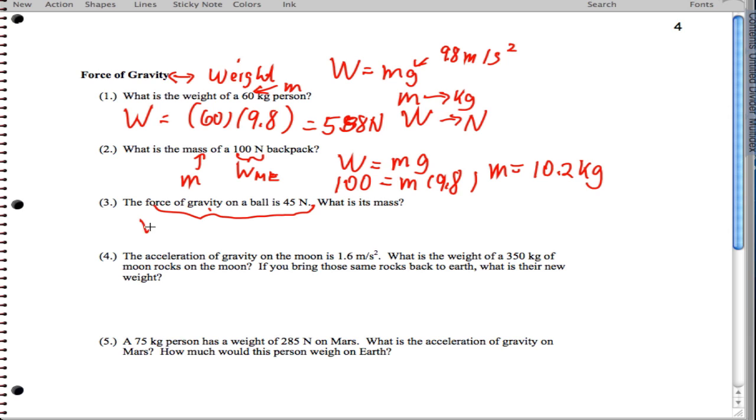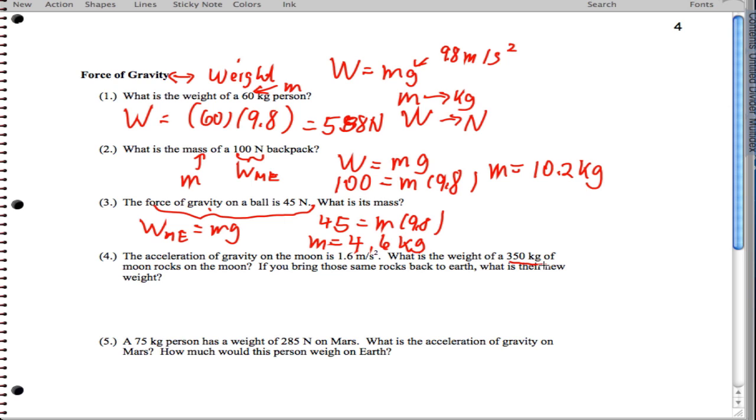So again, we have weight equals mg, so that means 45 equals m times 9.8. And we go ahead, simplify that, and we're going to get that the mass is 4.6 kilograms. Now here, the acceleration due to gravity on the moon is 1.6 meters per second squared.